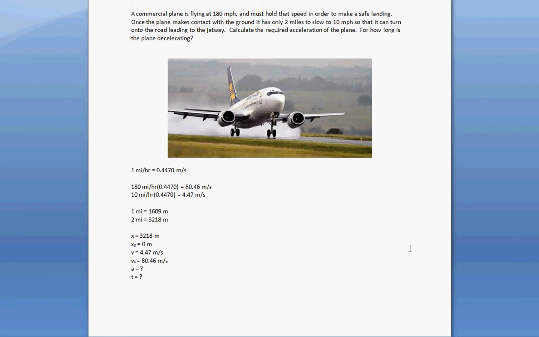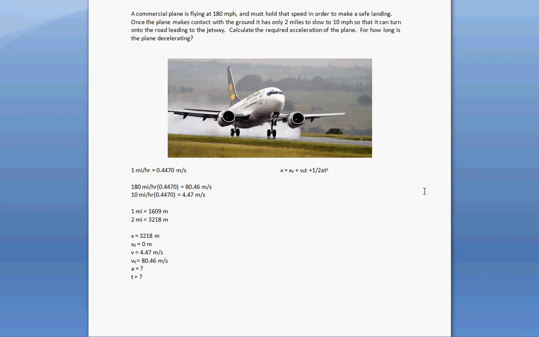Alright, now that we have this, we are going to start plugging them into our formulas. So we'll start by just writing down the 3 kinematics formulas that we have to work with. x equals x naught plus v naught t plus 1/2 at squared. Alright.